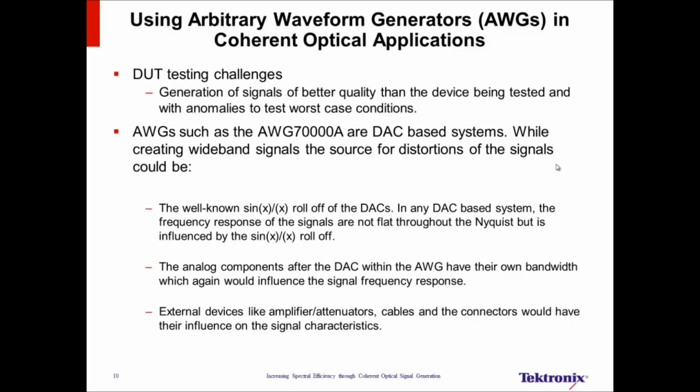So in order to create these very complex modulation signals at full amplitude and bandwidth, we have to do some compensation in order to flatten off the characteristic, the bandwidth, in order to give you the full open eye requirement for these type of signals. So we have the capability of creating these waveforms with compensation, and this is basically what the demo will show you when I get to the demo.